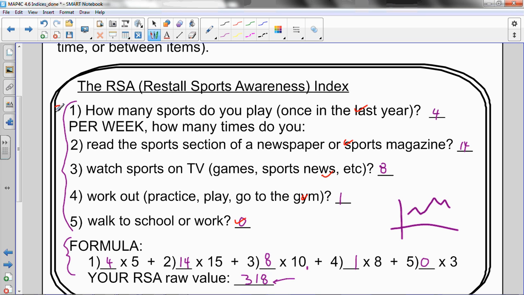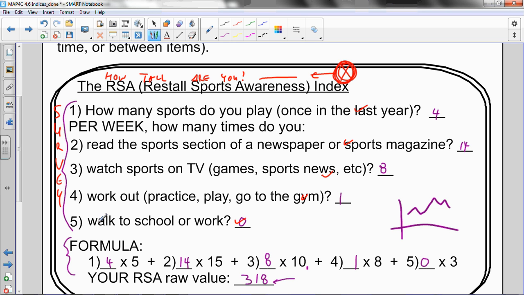This part would be your survey, along with the question, how tall are you? And they'd answer that. This would become my x coordinate of my scatter plot, and then my calculated value is going to become my y coordinate.